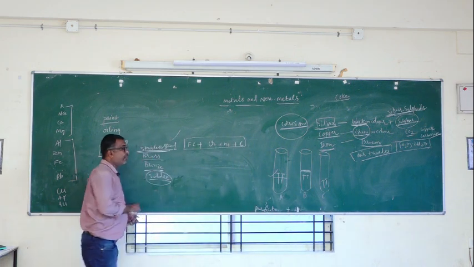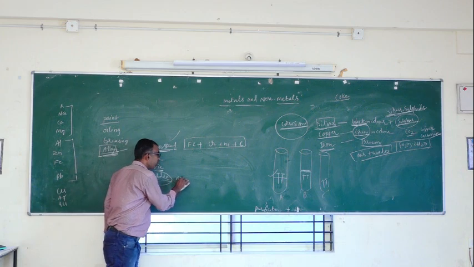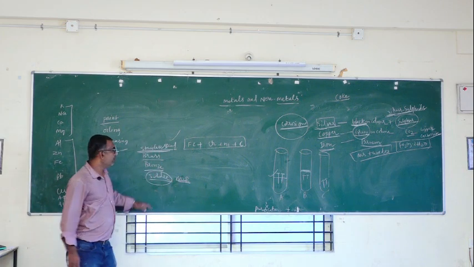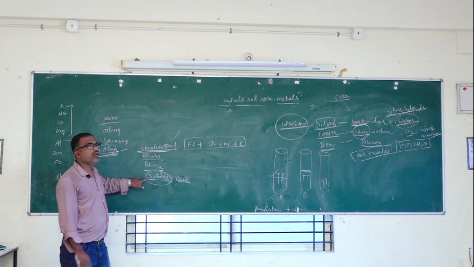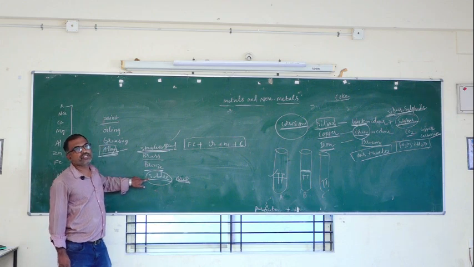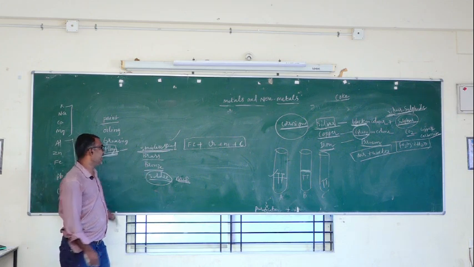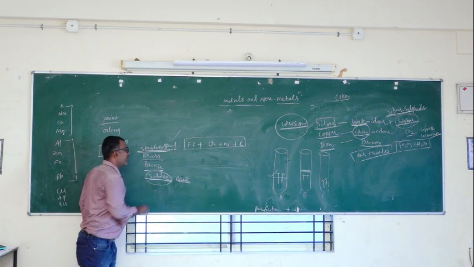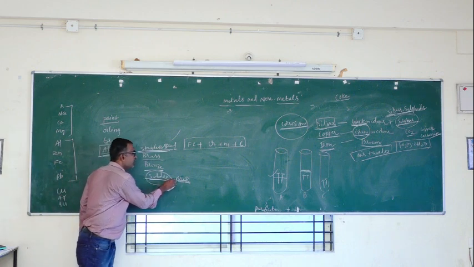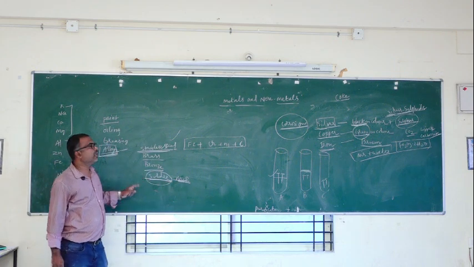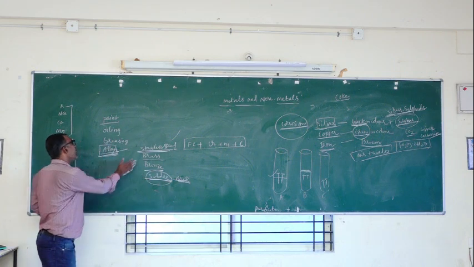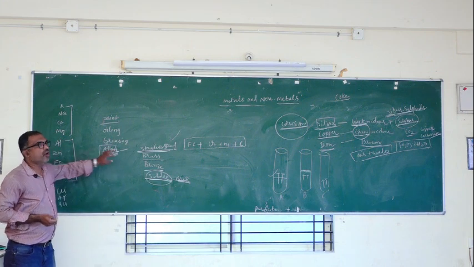So the melting point is very low. So this solder is used for soldering the electrical joints. So these are the examples of alloys.